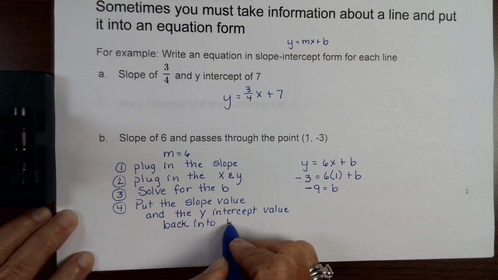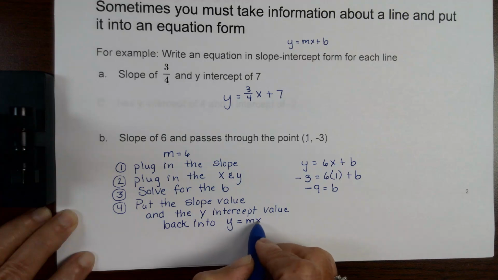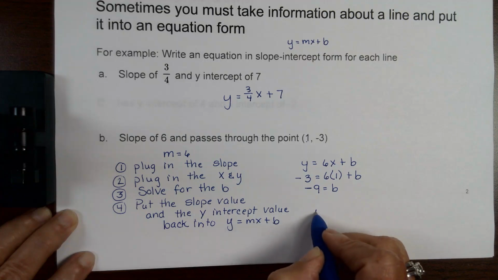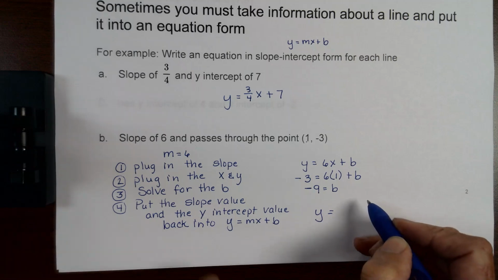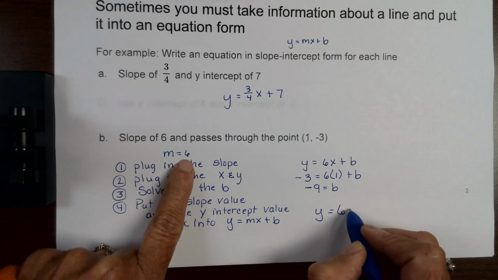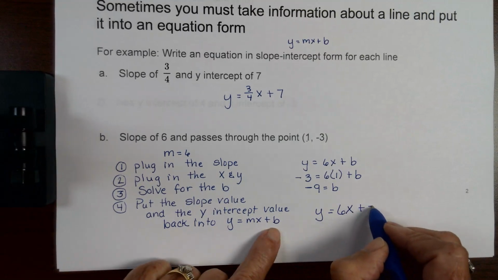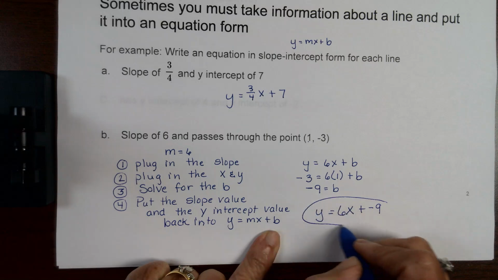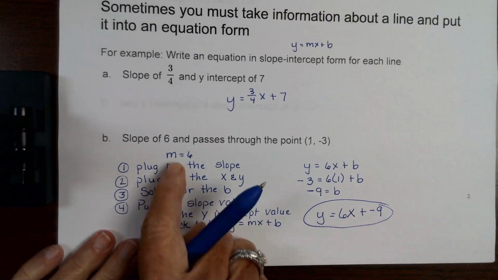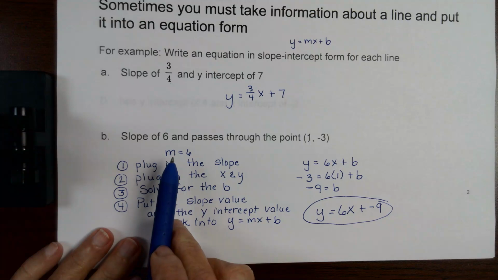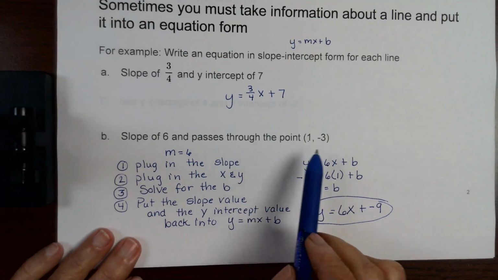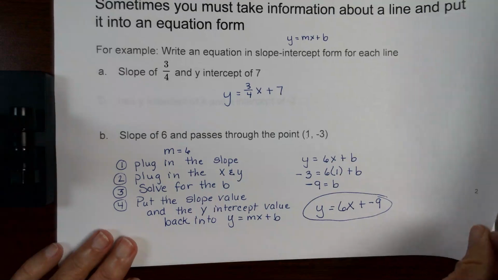Go back into y equals mx plus b. So y equals, the m value is 6. Don't forget to put the x there. And the b value up here is -9. So that is the equation of the line that has a slope of 6 and passes through the point 1, -3.